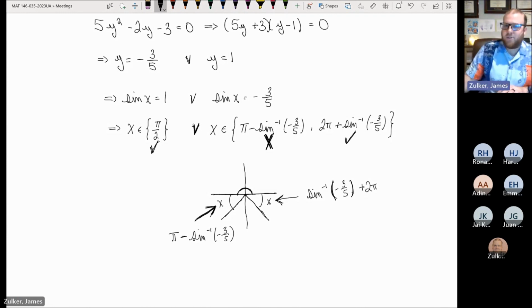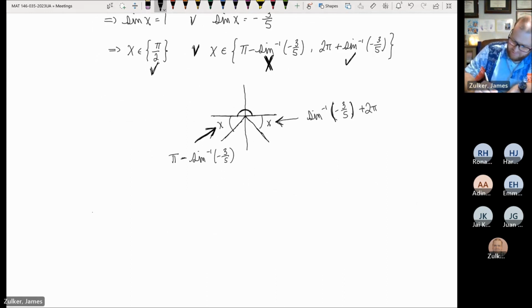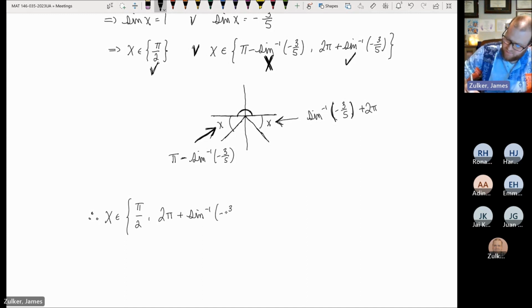So that also works. All right, solution set, pi over 2, or 2 pi plus the inverse sine of negative 3/5.